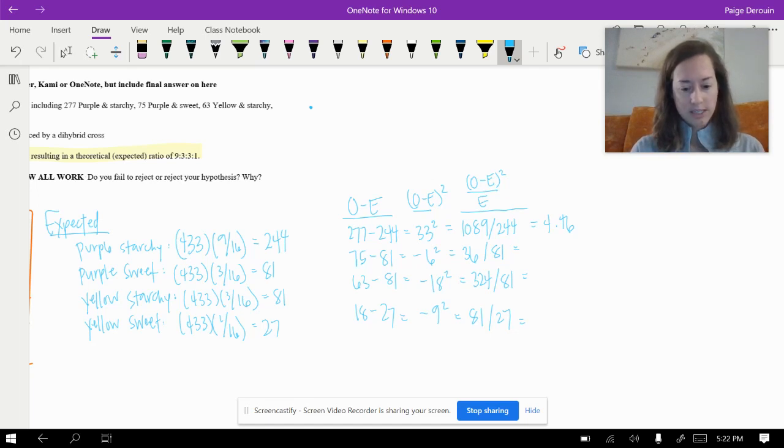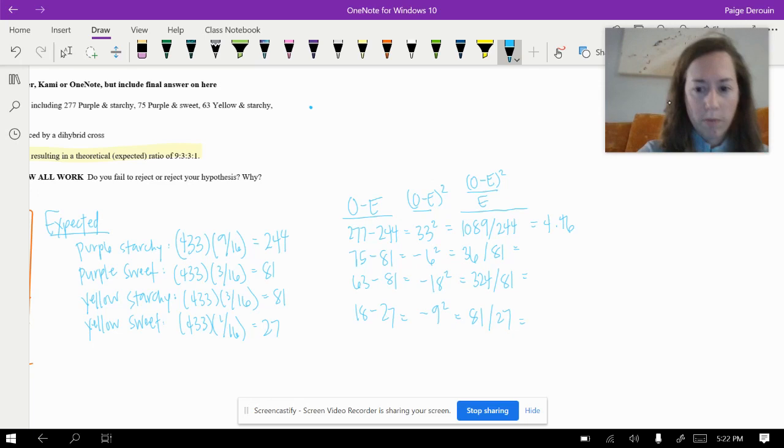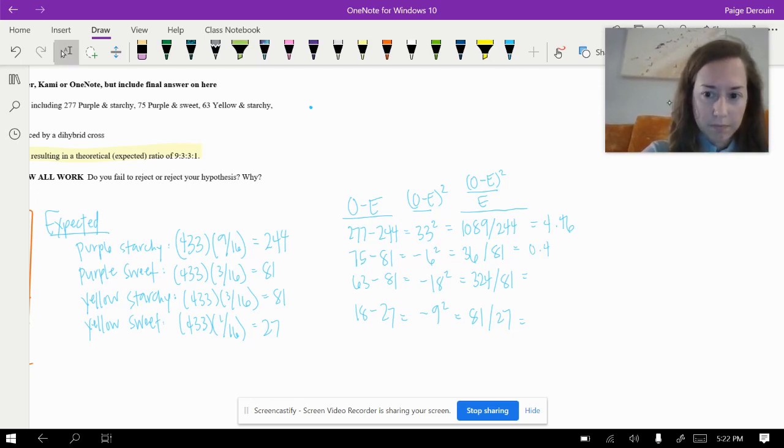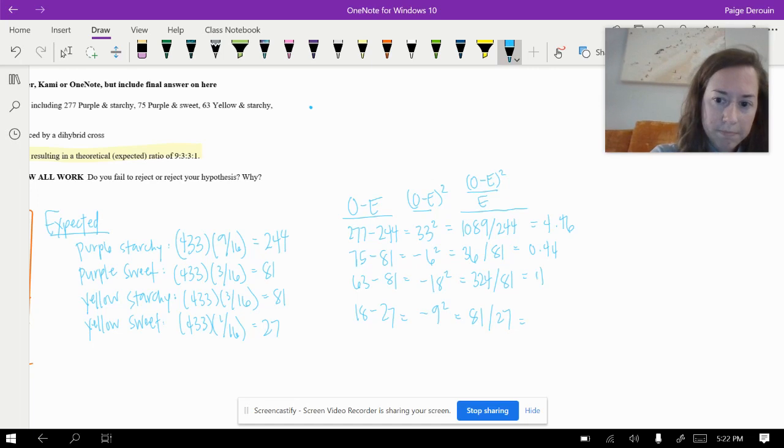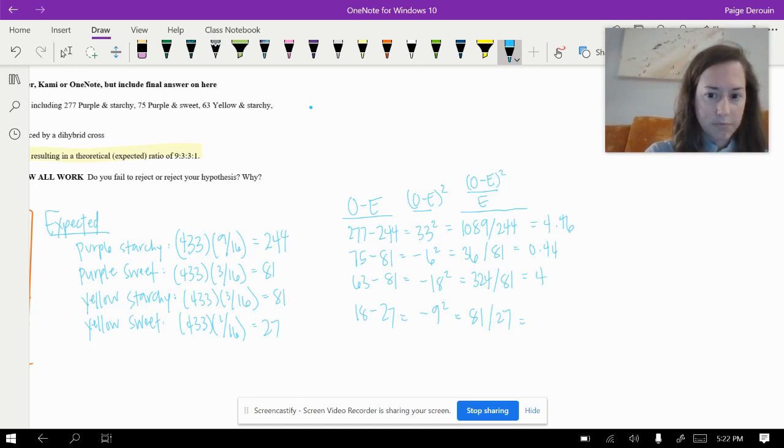All right, so then 36 divided by 81 is 0.44 repeating. 324 divided by 81 is 4. And 81 divided by 27 is 3.